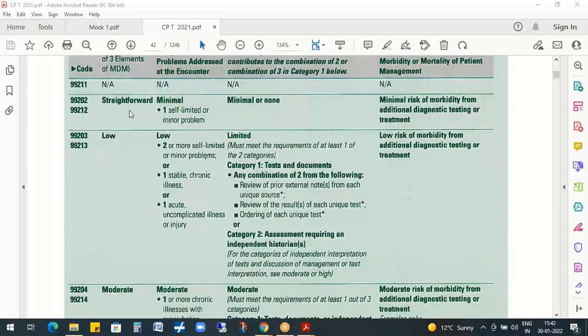See, conscious sedation or moderate sedation, both are same. Anesthesia codes and conscious sedation codes will never be coded together. When we can use, if the physician documents he or she used conscious sedation, then they must document time. Then only we need to code. Understood? They need to document time.